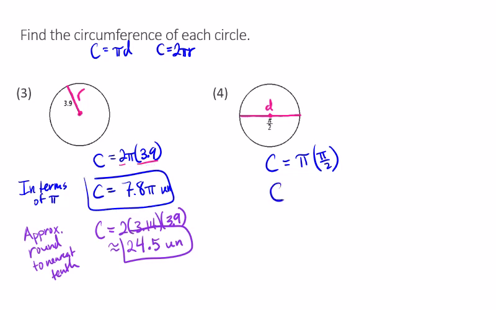So here, pi times pi over 2, you can just stick a 1 under that pi. Pi times pi is pi squared. And then 1 times 2 on the bottom is just 2, so pi squared over 2. That would be our answer in terms of pi, or exactly. If we're asked to approximate, we could plug in 3.14, square it, divide by 2. All right.